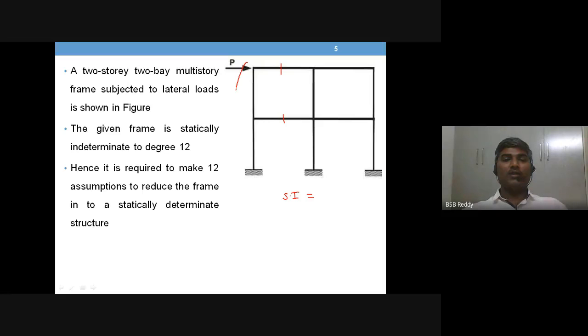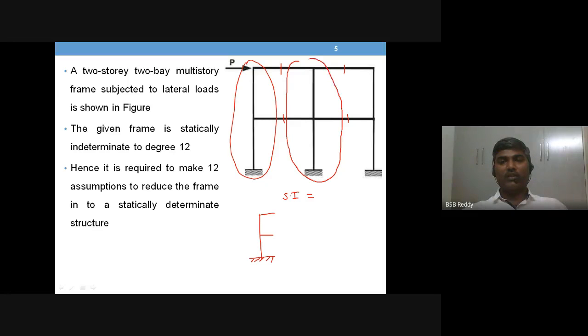This portion of the frame is now a cantilever, with a fixed support here. In the same way, if you cut the frame here, this one is going to become another cantilever, and automatically this is going to become another cantilever.